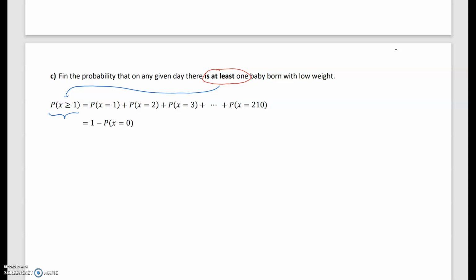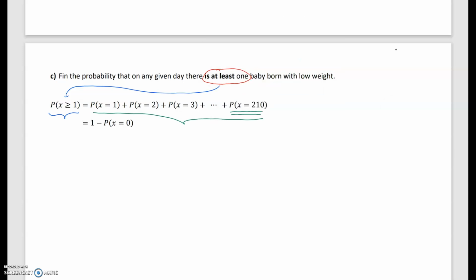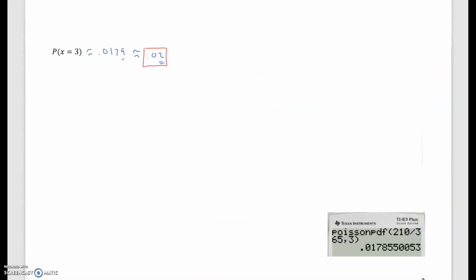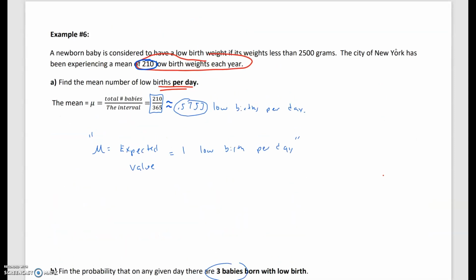Technically, I'm only writing the 210 as a reference, because that is the total number that we're getting here. But it doesn't mean that that 210 is set in stone.